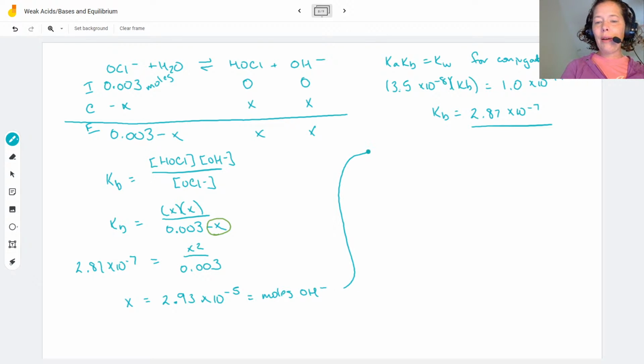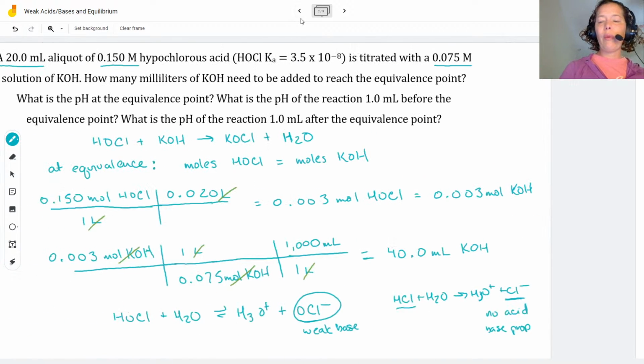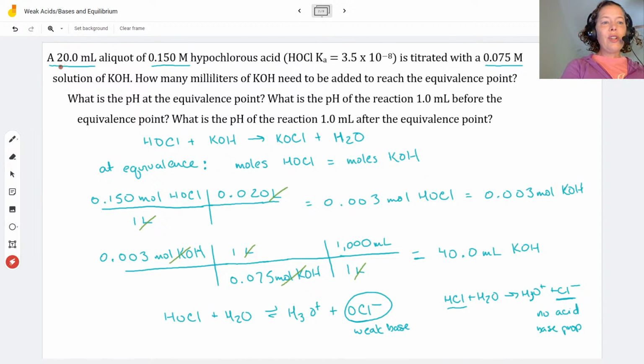I'm going to come up to here. So to calculate my concentration, of course, I'm going to take my moles, 2.93 times 10 to the negative 5th moles of hydroxide, and I need to put this over liters of solution. So let's go back to the original problem. I started with a 20 milliliter sample, and I have added 40 milliliters of potassium hydroxide.